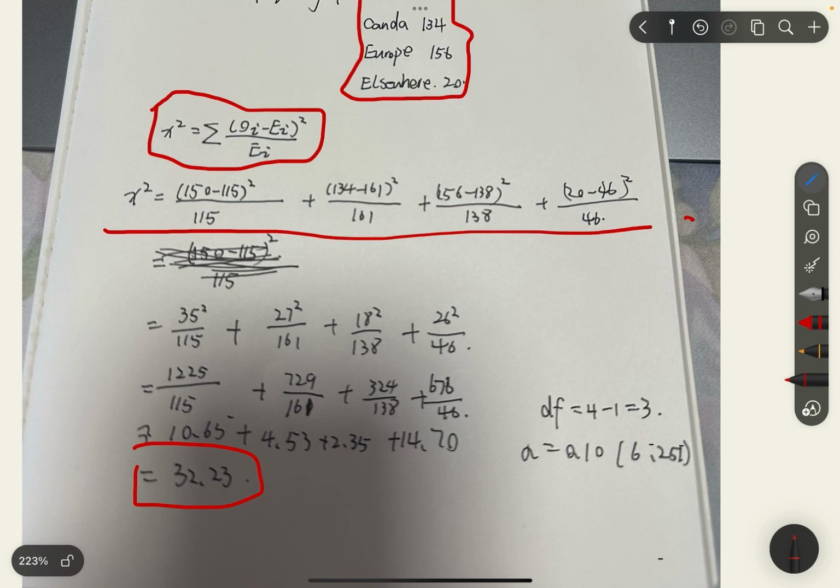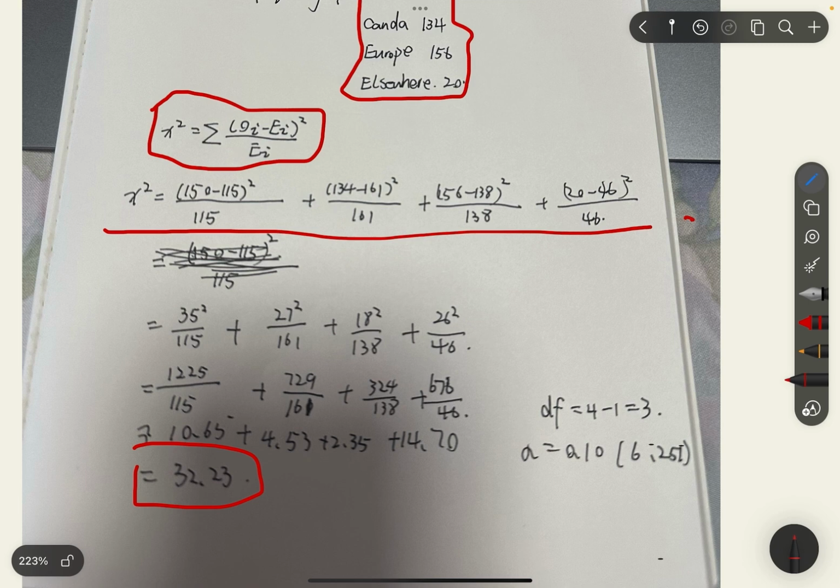Fifth, determine the critical value, and we can give a conclusion. The degrees of freedom for this test are the number of categories minus 1. df is equal to 4 minus 1, and the answer is 3.